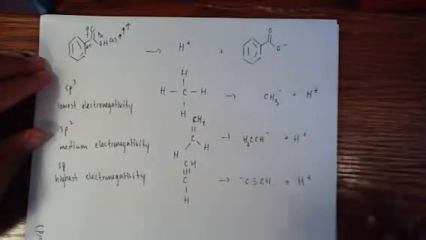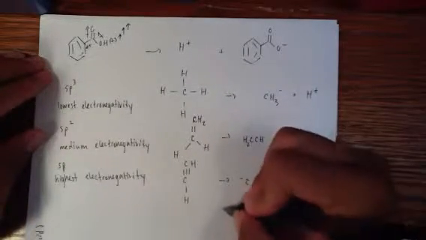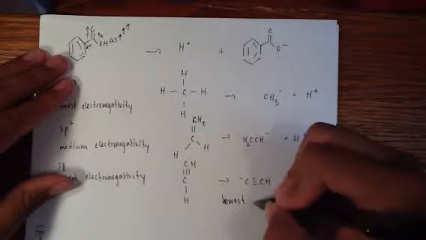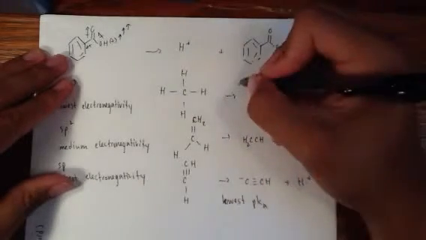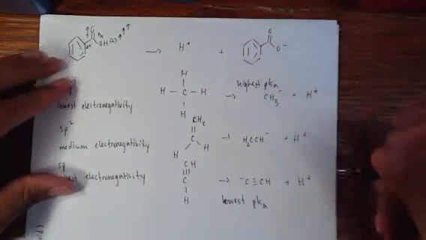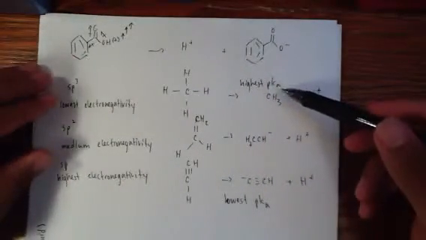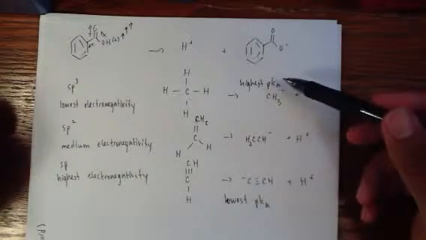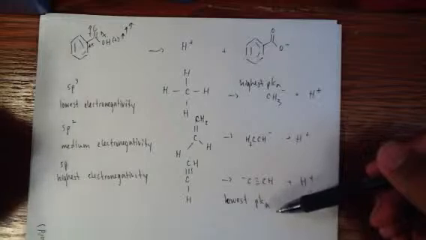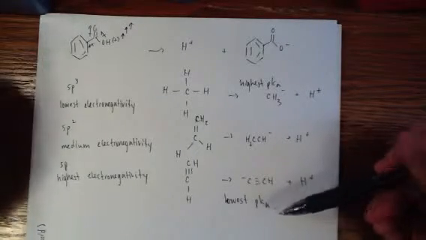Basically, what I'm saying is this has the lowest pKa, and this is the highest pKa. That means that this is the most basic, remembering that higher pKa is higher basicity, whereas lower pKa is higher acidity.